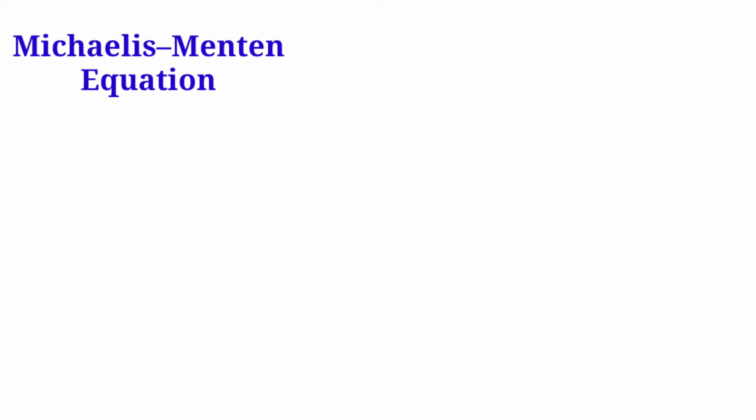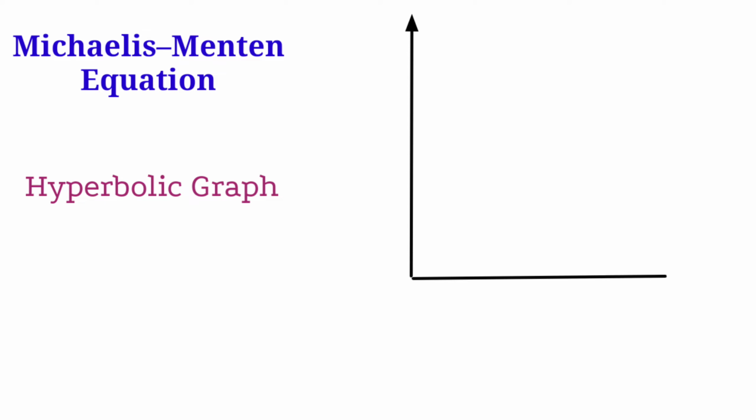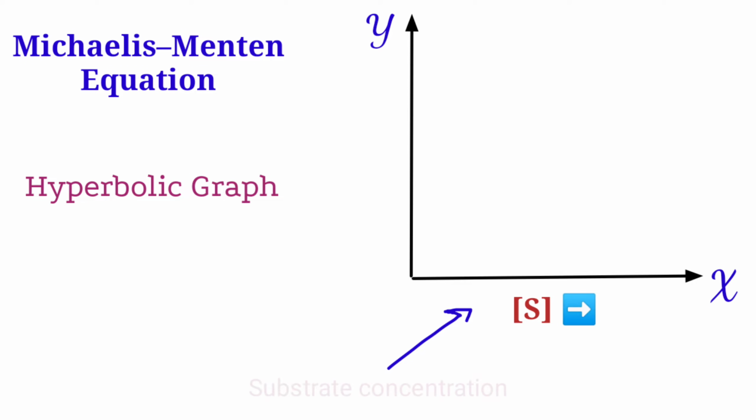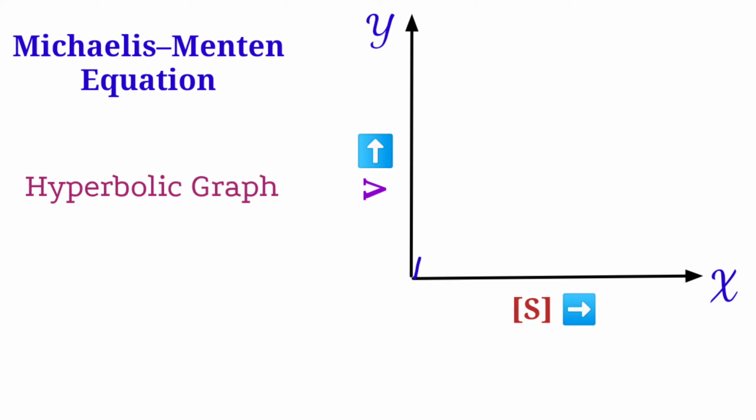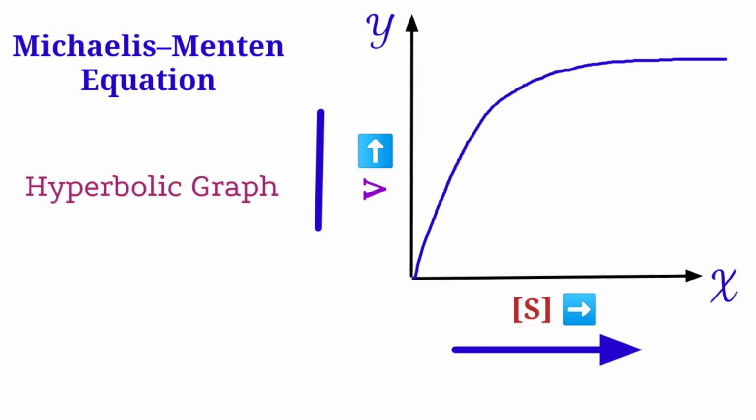The Michaelis Menten equation also gives a hyperbolic graph, as shown here, with x and y axes, where the x axis shows the substrate concentration and the y axis indicates the velocity or speed of that reaction, which indicates that as we increase the substrate concentration, the velocity of the reaction increases.